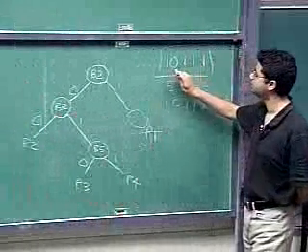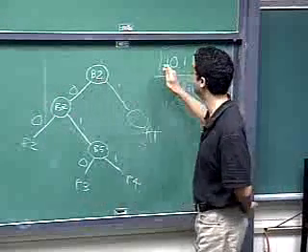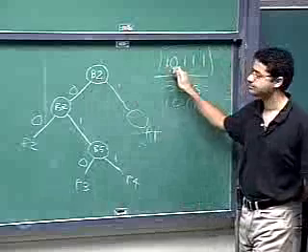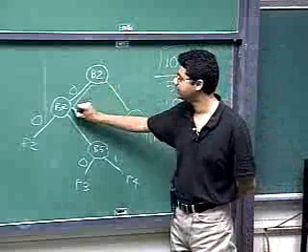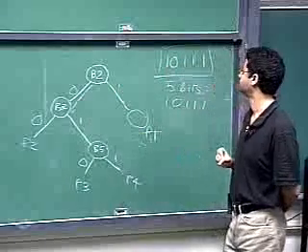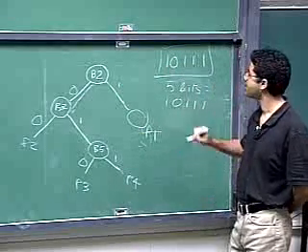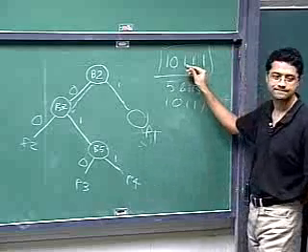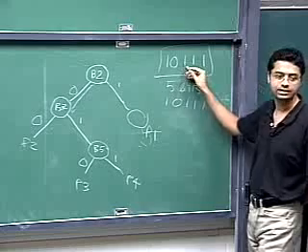Well, the Patricia tree tells you that you have to first check bit 2. You check bit 2 and it's 0, you go down here. The third bit is 1, right?